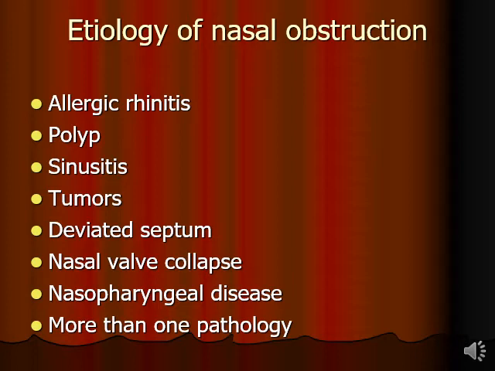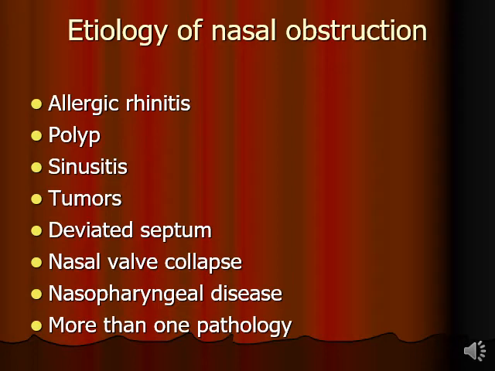Apart from pathology of the nose and paranasal sinuses, pathology of the nasopharynx usually leads to nasal obstruction, as we discussed in adenoid hypertrophy, or a mass occluding the nasopharynx, the choana, the posterior nasal opening.